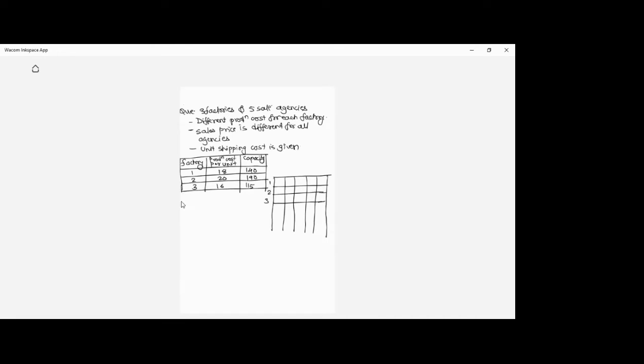They also mentioned the agencies, 1, 2, 3, 4, 5, the agencies that they have given to us. They have given the demand across each agency, and also the sales price. That's somewhat a different representation of the data.